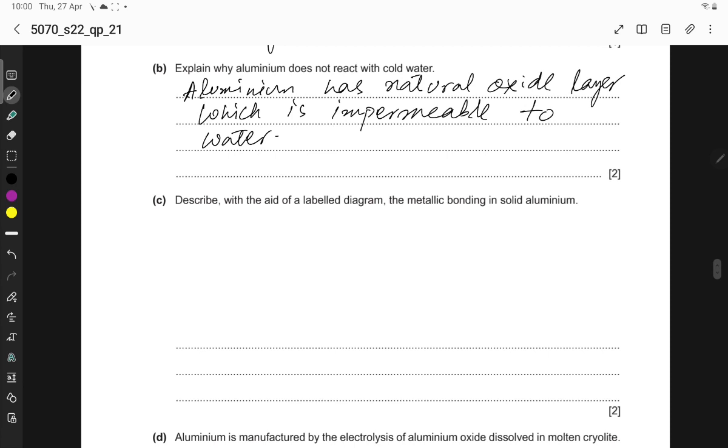Describe with the aid of a labelled diagram the metallic bonding in solid aluminium.